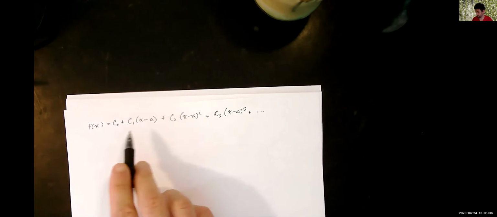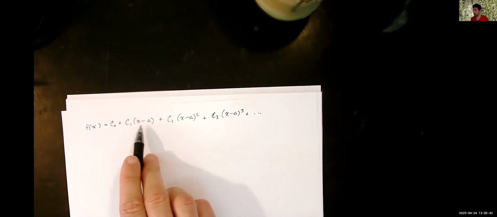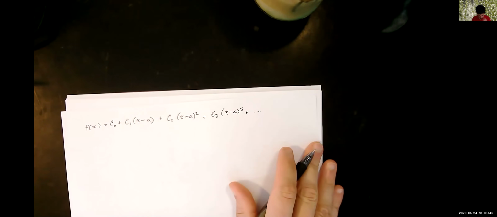So one of the questions we might ask ourselves is, can we figure out what those constants are, the c_n's? We're building a series centered at some number a. Can we figure out what these constants are? That's really what this comes down to. So let's do a little bit of work on that.